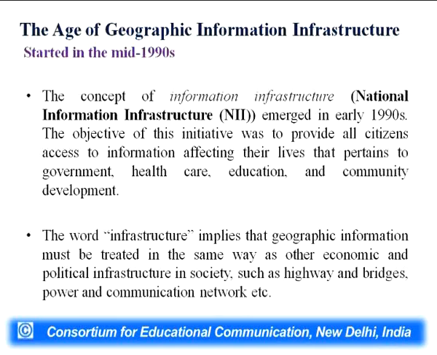The word infrastructure here implies that geographic information must be treated in the same way as other economic and political infrastructure in society, such as highways and bridges, power and communication networks, etc. So, now the focus of government organizations and the public is to build the GIS to such a level that it can be equal to all the political and economic infrastructure of the society. The need for this GIS has been visualized in this phase, and now we see the result.